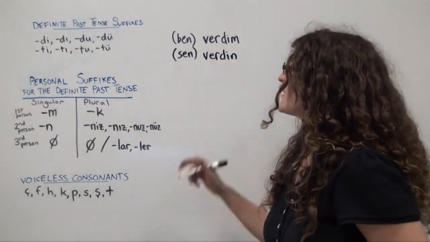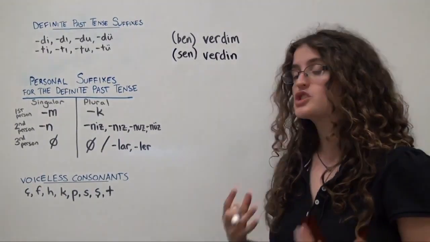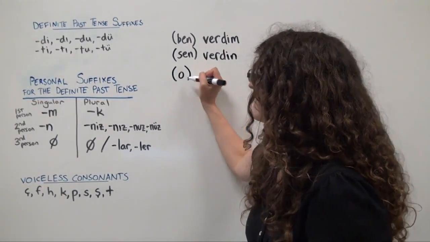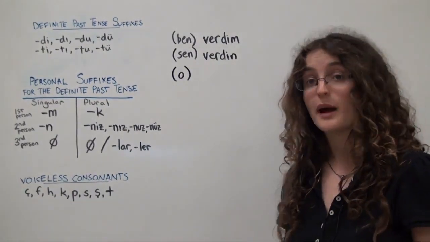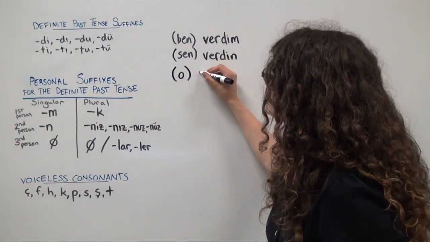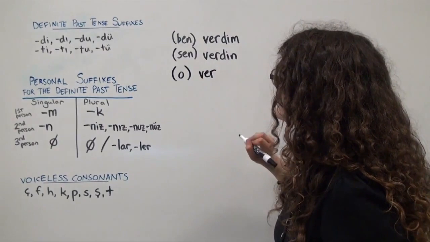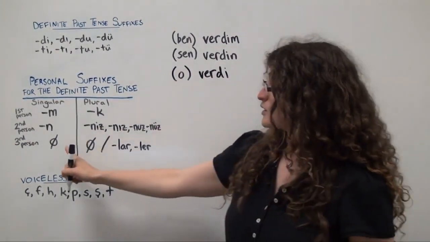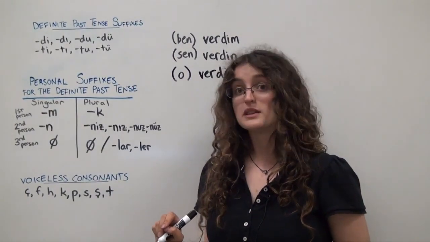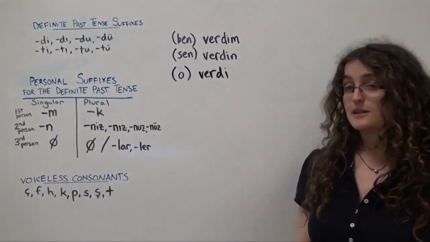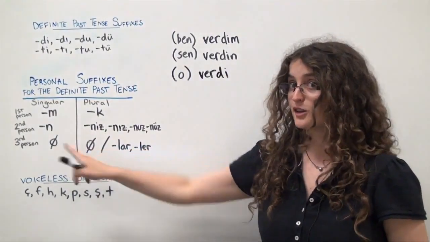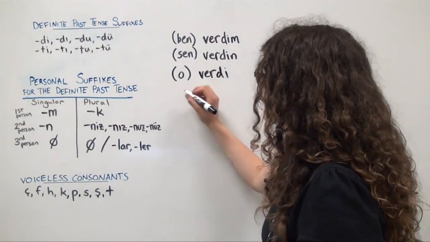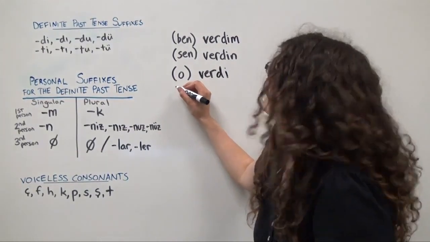Third person, singular, so he, she, or it, optional, o, or we could have a noun or a proper noun here, verdi. And we don't have a personal suffix we need to add to the definite past tense in the third person singular. So we'll stop there. Verdi or o verdi.